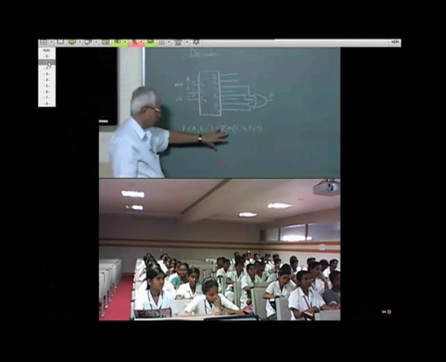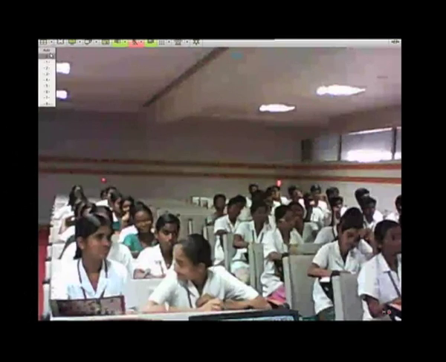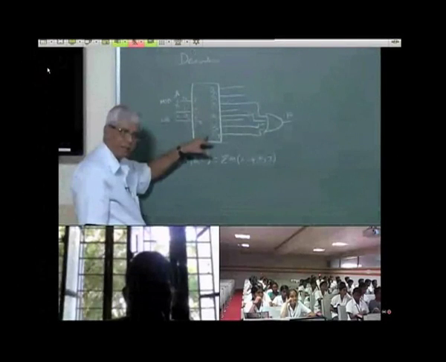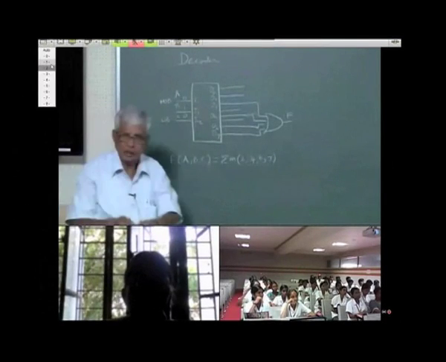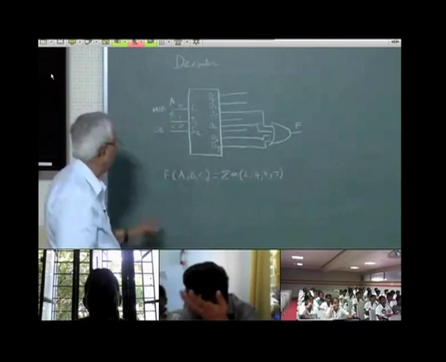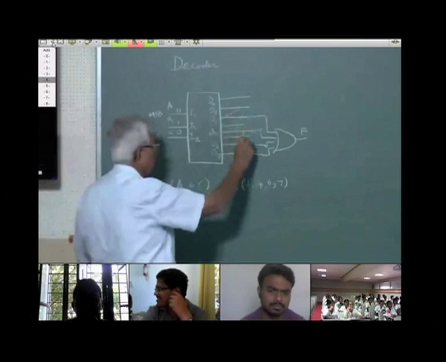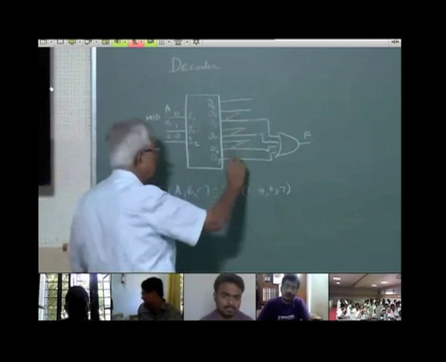The terms are 2, 4, 6, 7, which is 0, 1, 0, 1, 0, 0, 1, 1, 0 and 1, 1, 1. Corresponding outputs I take, tie them together in OR gate. That means this function is true if this is true, or this is true, or this is true, or this is true. That is what a truth table is all about.